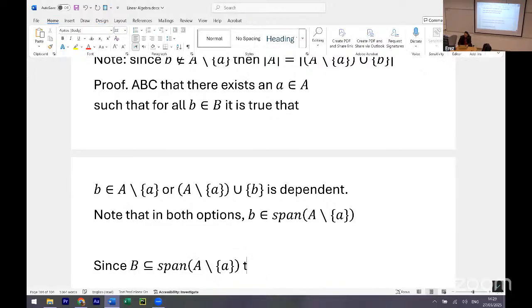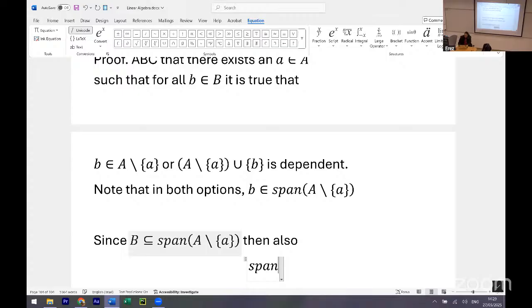So then also the span of B is contained within the span of A without A, because of the closure property. If B is within there and that's a subspace, then whatever you can create from B remains within the subspace, but the span of B is V, the entire vector space.